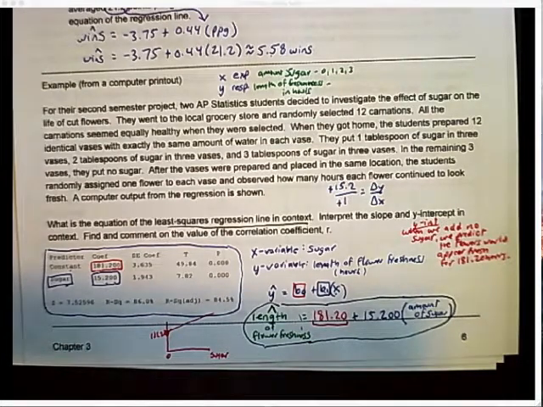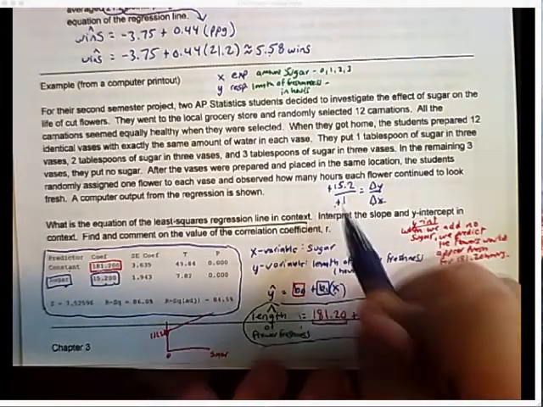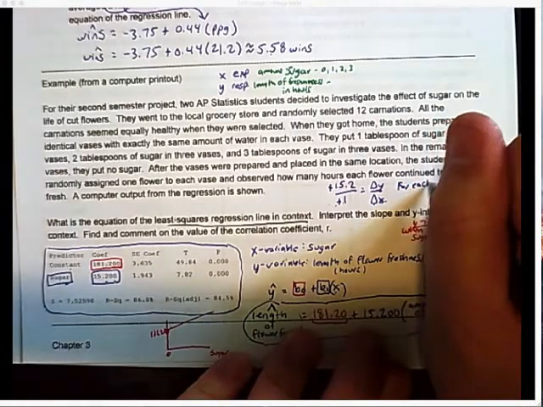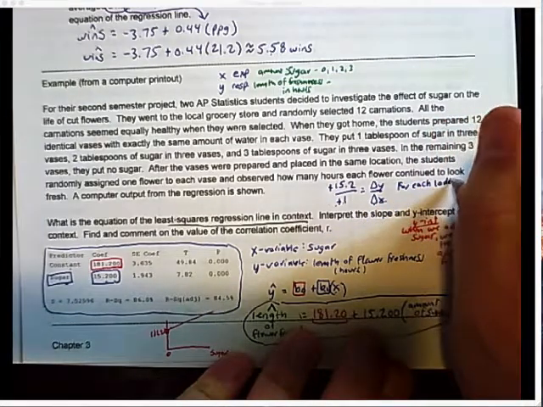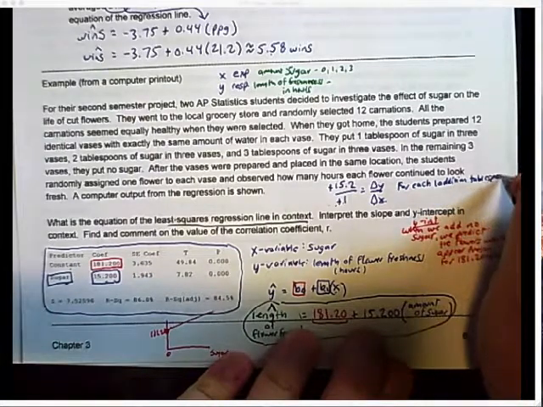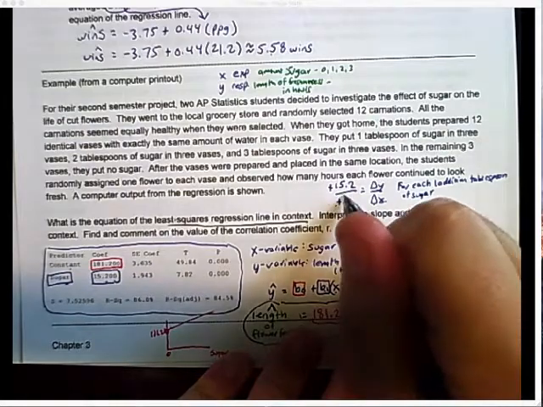Okay, so how would we interpret this? For every time x changes by 1, so for each 1 additional tablespoon of sugar, so that's what this thing represents.